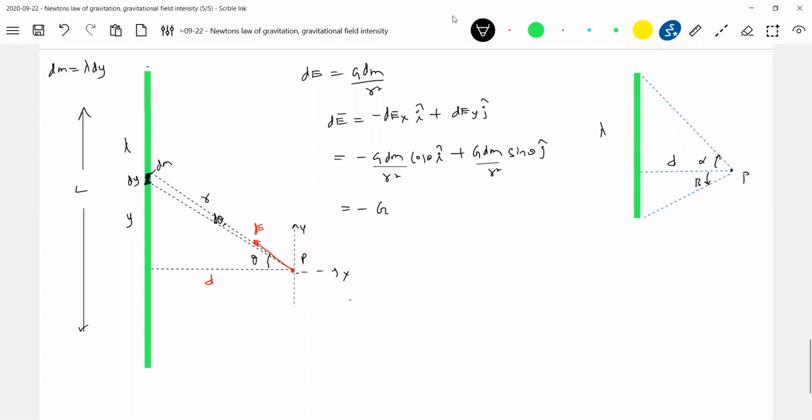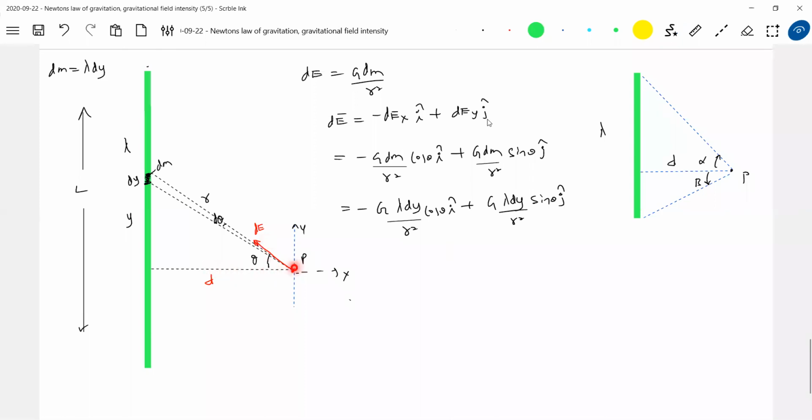Further, G dm we can write as lambda into dy. dE bar has a component along the negative x-axis.